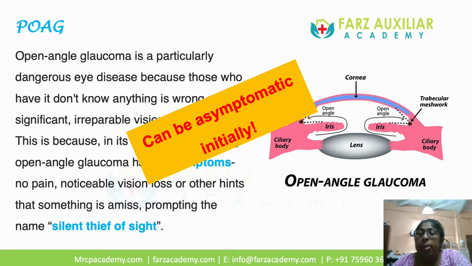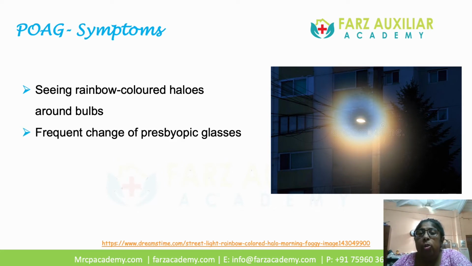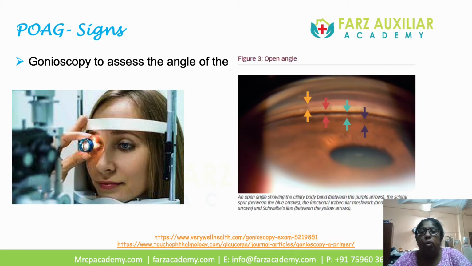So remember, POAG can be asymptomatic initially. Symptoms can include seeing rainbow-colored halos around bulbs, frequent change of presbyopic glasses, headache, and eye ache. To elicit the signs, gonioscopy is done to assess and grade the anterior chamber angles, and this is the view seen.